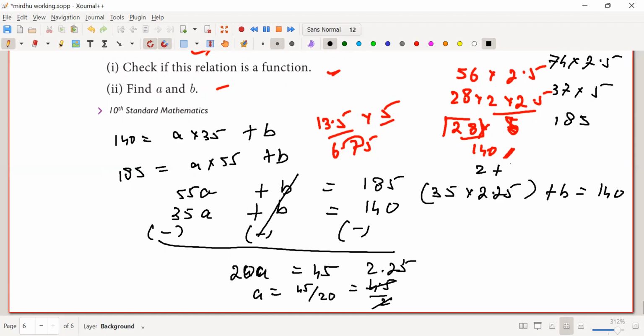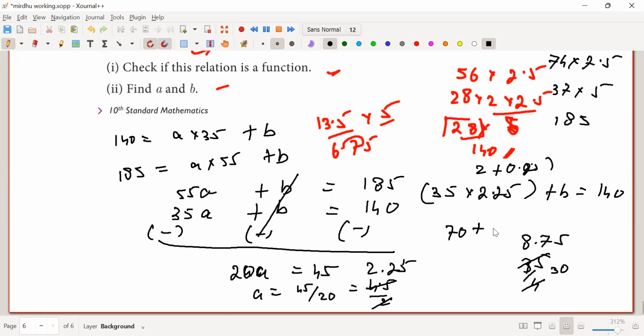This can be segregated into 2 and 0.25. 35 into 2 is 70. 0.25 is 1 by 4. 35 divided by 4 is 8.75.